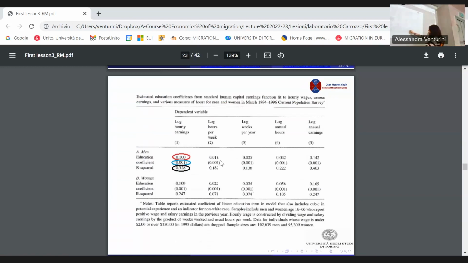So, for instance, we have a cubic in potential experience, an indicator for non-white race. Maybe the sample includes men and women who report age. Because now we see just this, no? But in general, we include other controls. For instance, territorial controls, where they are, in the north, for instance, in Italy, north, south, center, and so on.